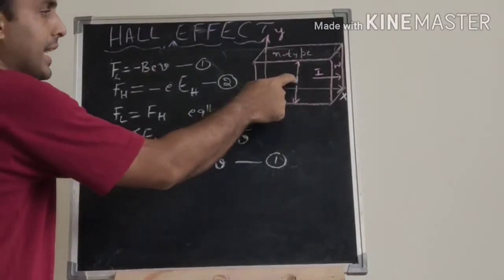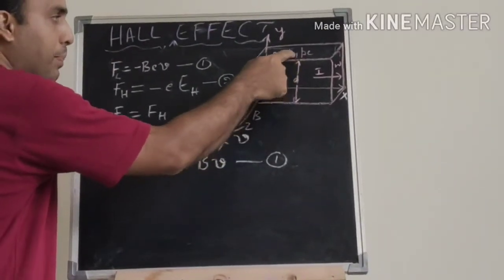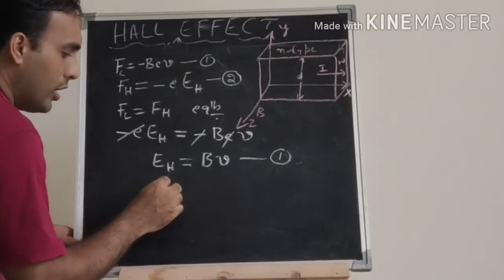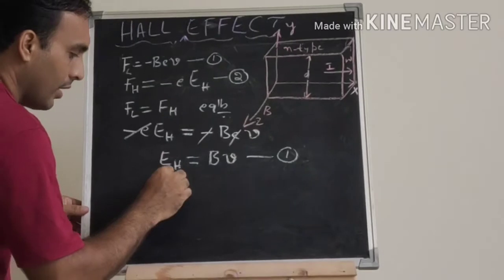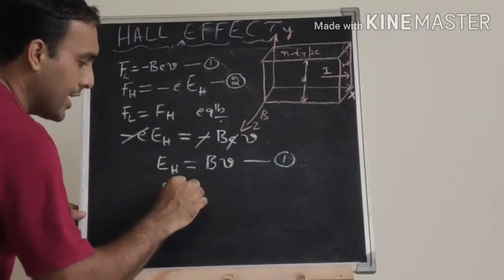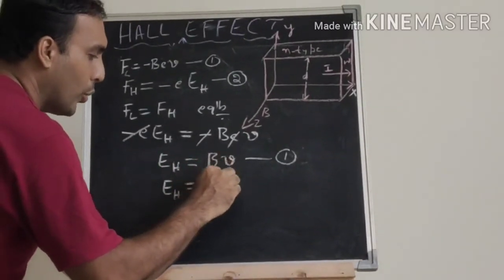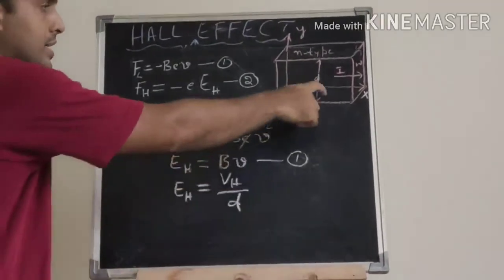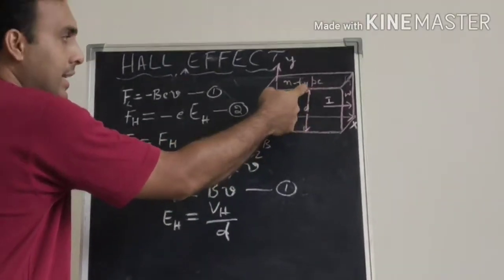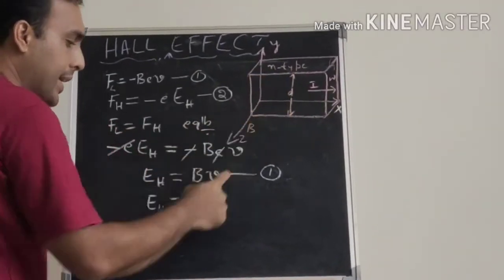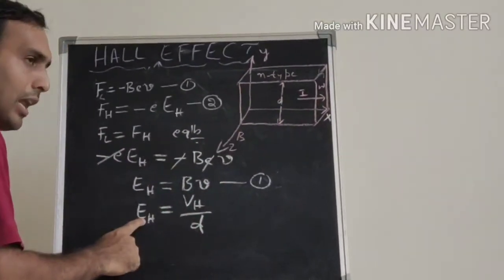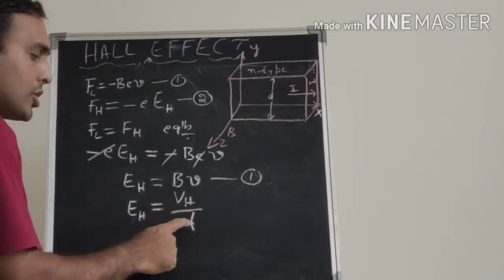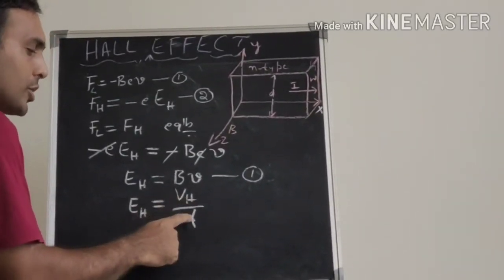If D is the distance between the upper end and the lower end, then the Hall field EH is equal to VH by D.